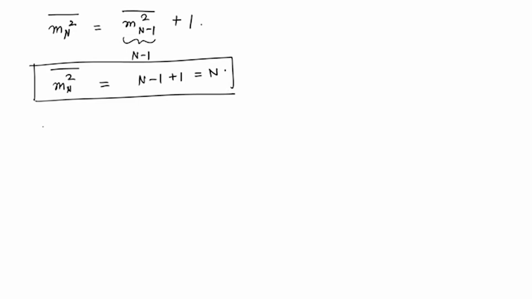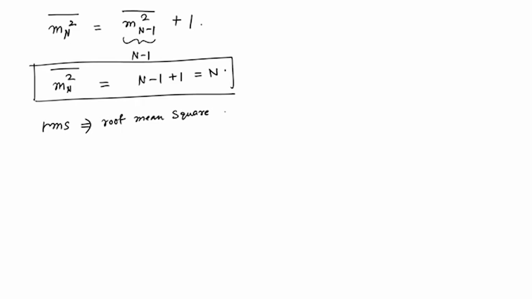So, the RMS value. RMS means, we have used this earlier but I have not elaborated, root mean square. So, you first take a square, then you take a mean, and then you take a square root. Okay.